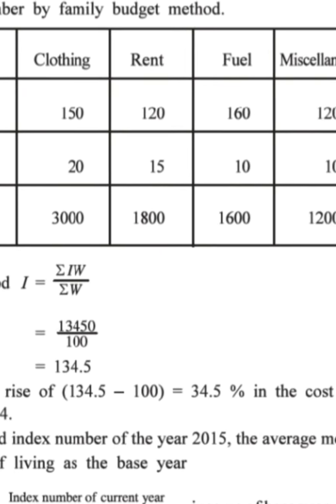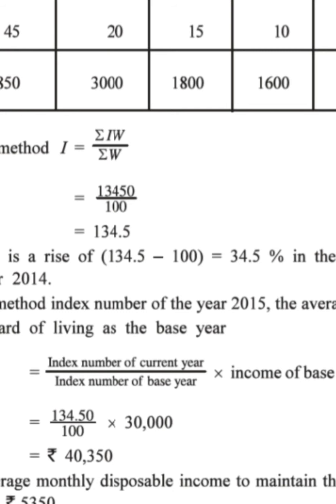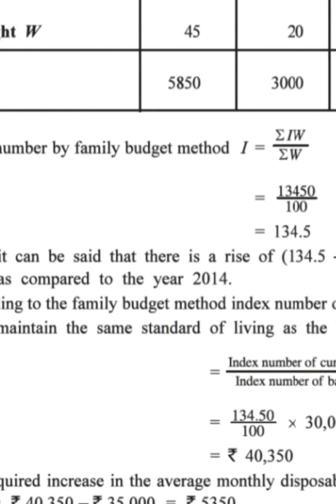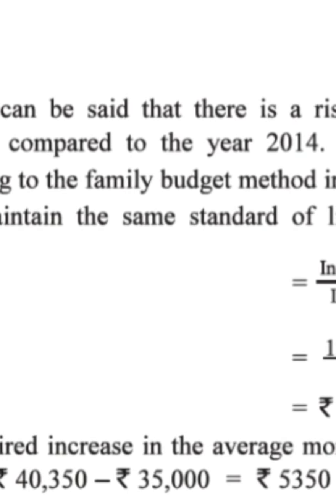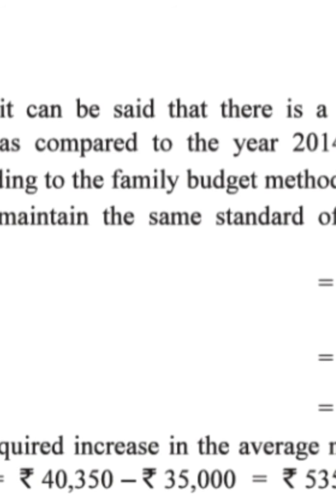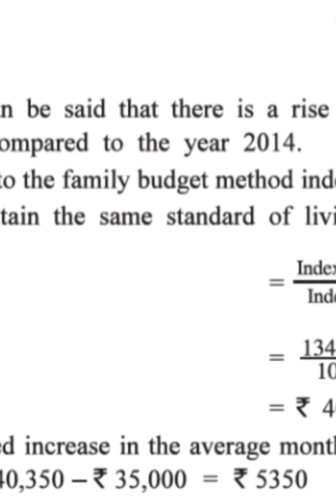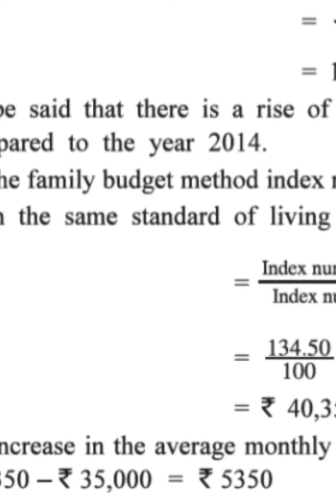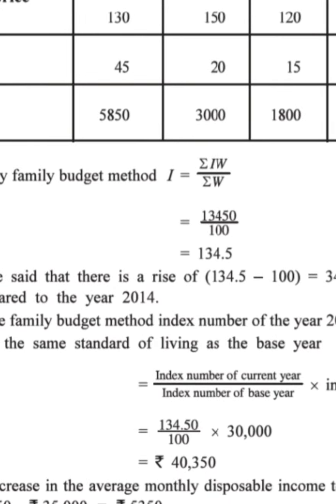So what we are going to do is take this 40,350 minus the 35,000, which was the average disposable income, and we got 5,350. It shows that the family should be getting 5,350 more to sustain the standard of living. So that is how we found it out.